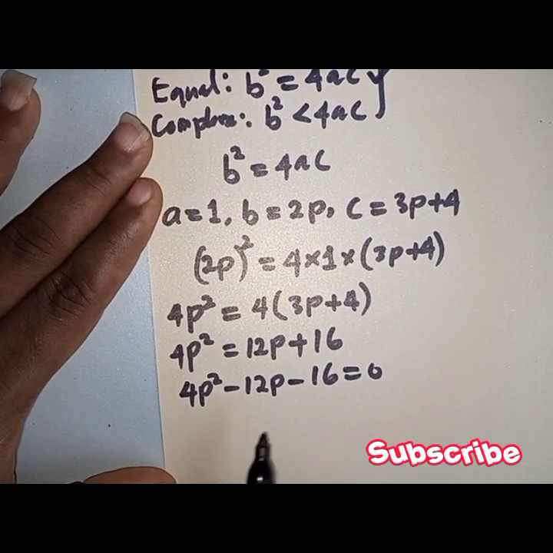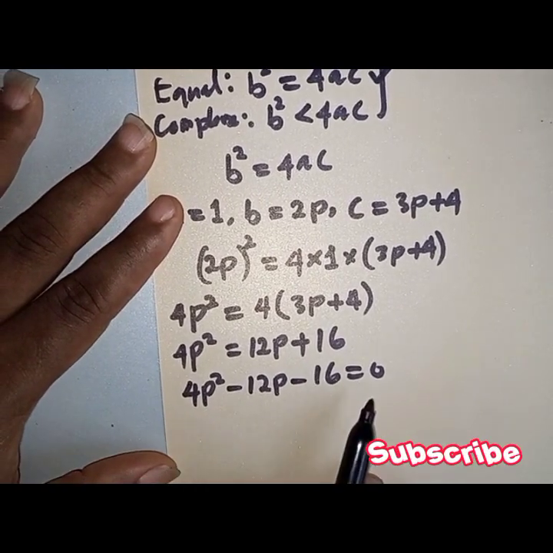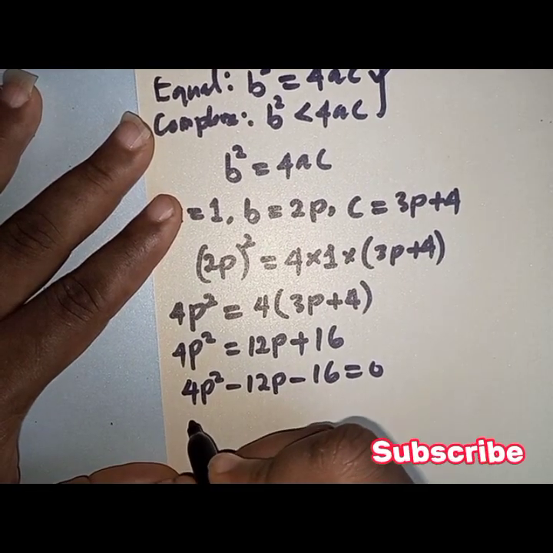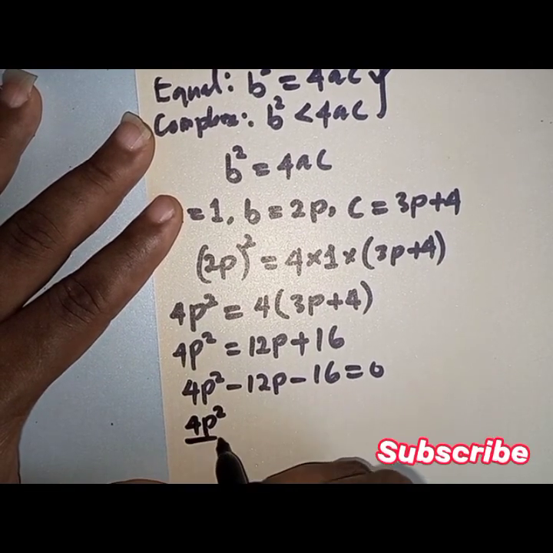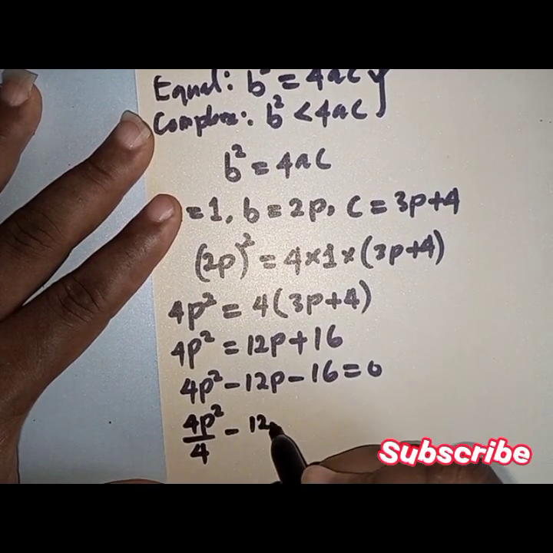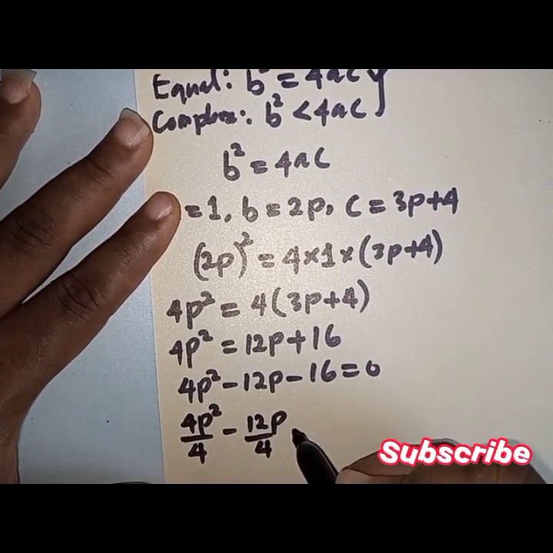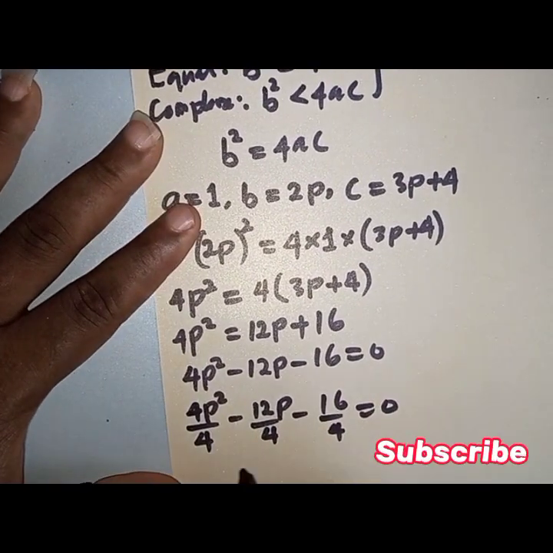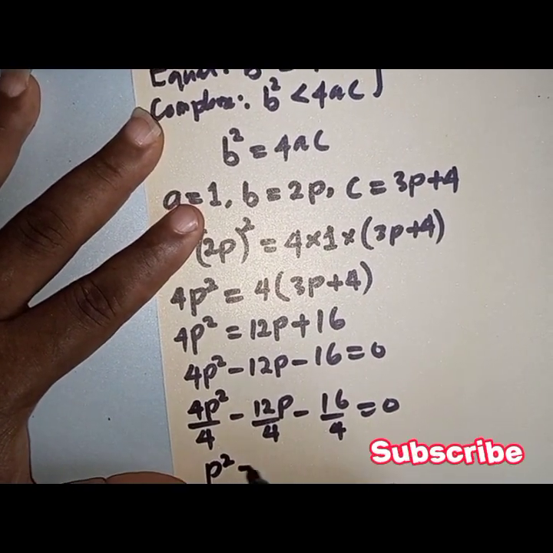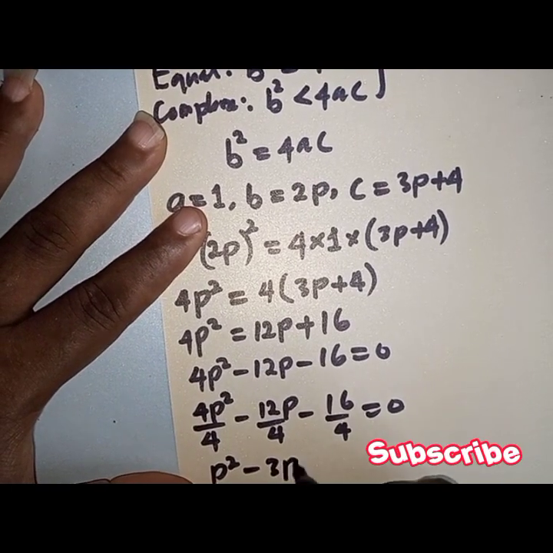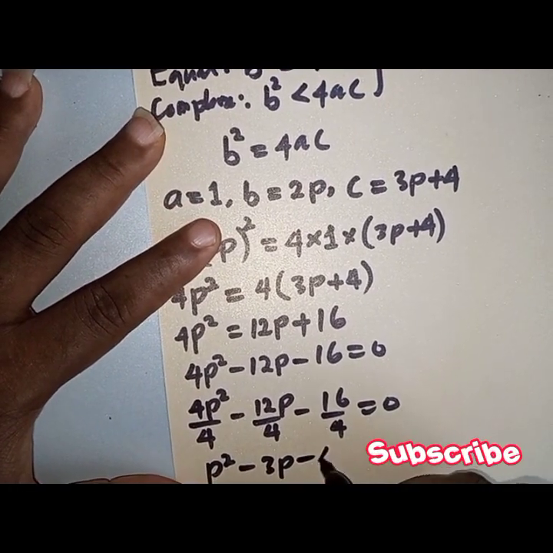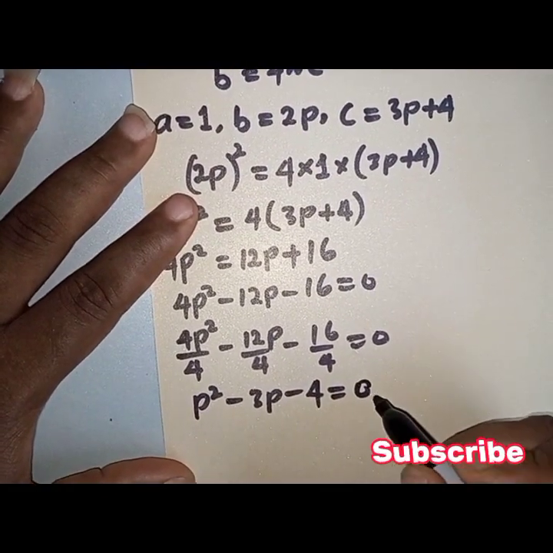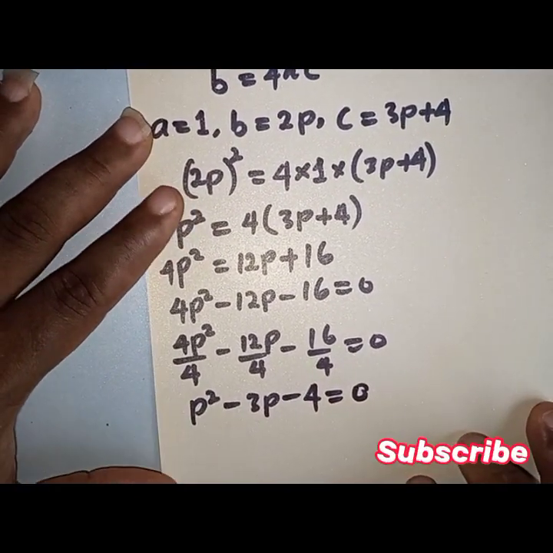For me, I like to make things easy, so I'm going to divide everything by 4, because 4 can divide everything here. So now I have p squared minus 3p minus 4 equal to 0.